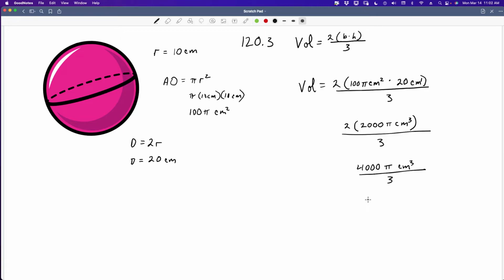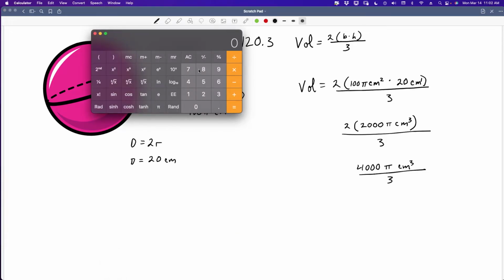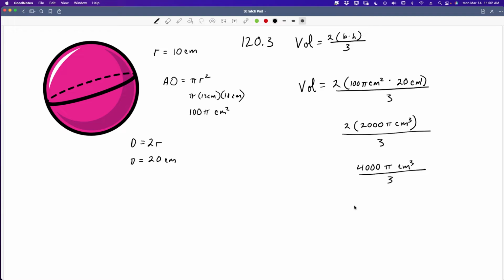What do you want to bet we get a repeating decimal with this one? I think that we will. So let's look it up on our calculator. We're going to say 4,000 divided by 3. Yeah, so now we have 1,333.33, with a mark to signify that this is a repeating decimal, and that's going to be times pi centimeters cubed.